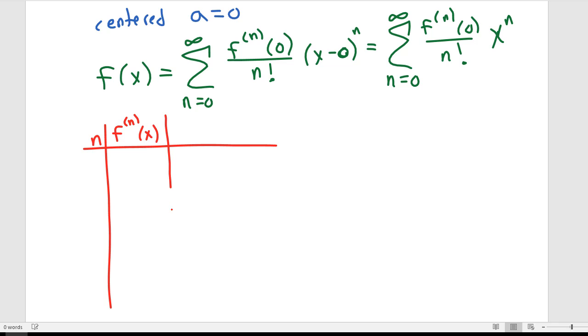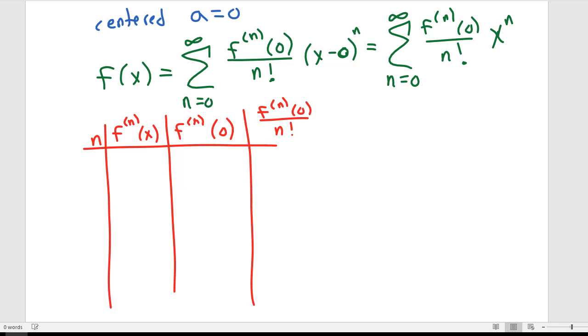Then I'm going to plug in the center, so I'm going to find the nth derivative at 0 in this case. And then I'm going to take that expression at 0 and divide by n factorial. So that's going to be my coefficients.